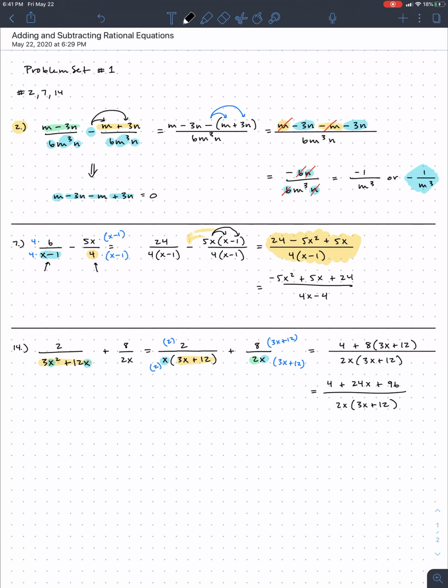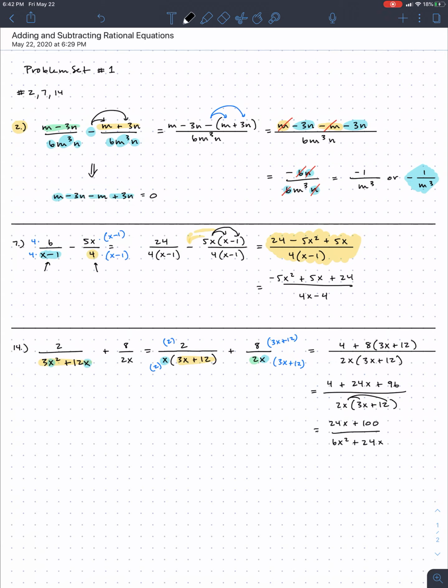Okay, so I'm going to simplify this because it looks like there's a lot of stuff in common here. So let's see. 96 plus 4, that's 100. So 24x plus 100. And I'm actually going to distribute this in this 2x. So we get 6x squared plus 24x, sorry.